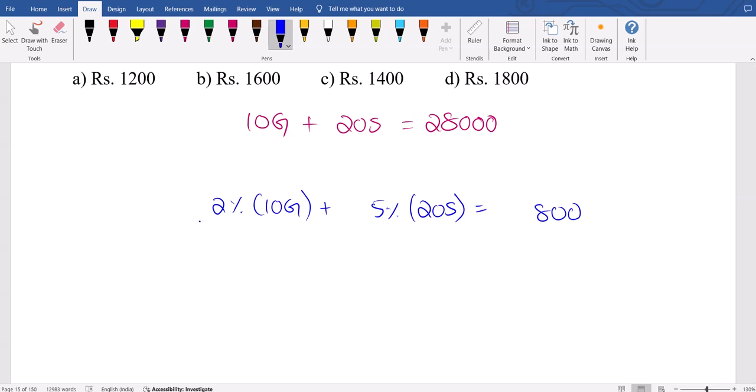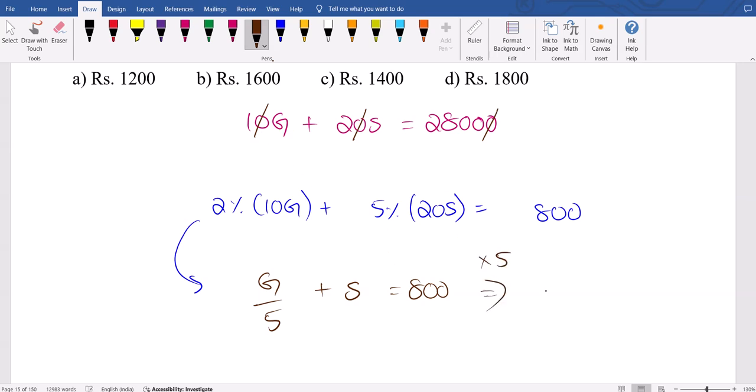Here 20% means 2 into 10. 20% means 1 by 5. So G by 5. Here 100% means 1. S equal to 800. Okay, 10, 10, you remove. Now to get G, multiply this equation with 5.